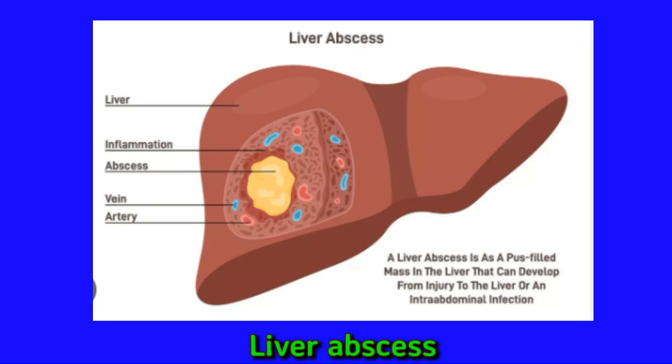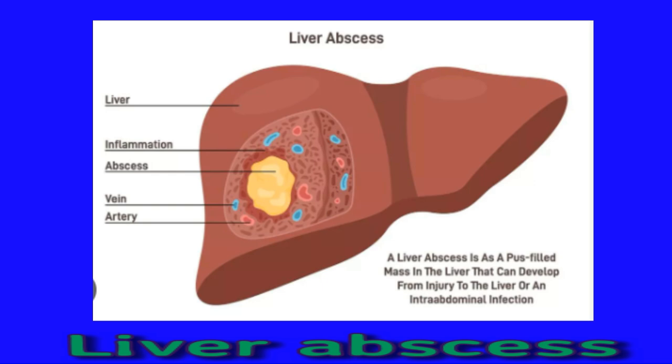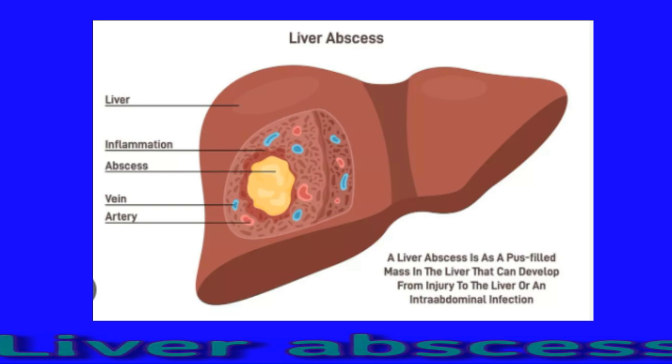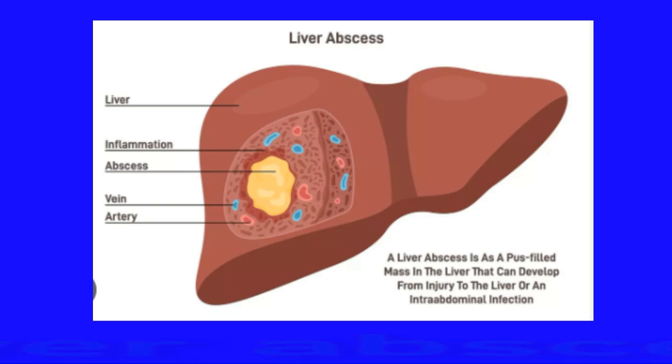Treatment may include an antibiotic or antifungal medication, and doctors may drain the abscess. Follow-up imaging tests of the liver are usually conducted to ensure that the abscess is gone and that there is no permanent damage.